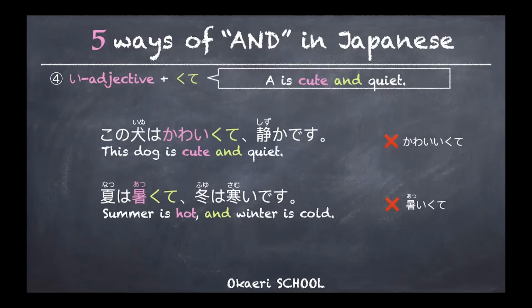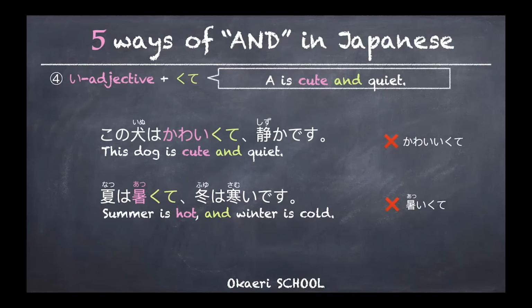Same way, summer is hot and winter is cold. Hot, 暑い is E-adjective. So you have to first remove E from 暑い and put くて to combine two sentences.